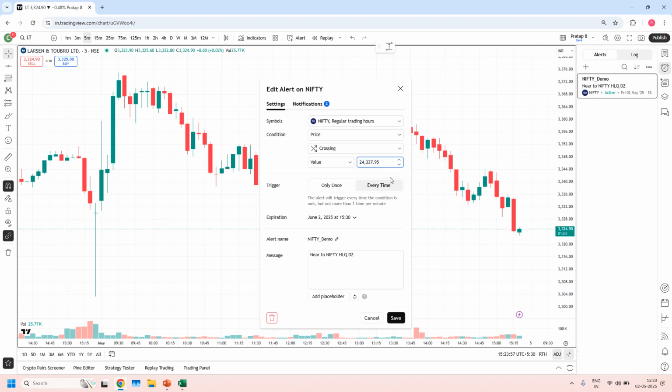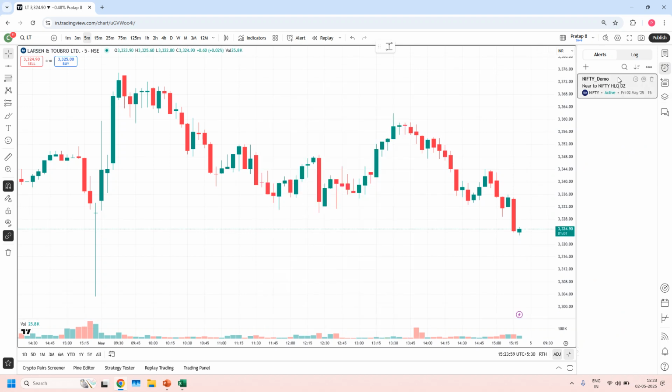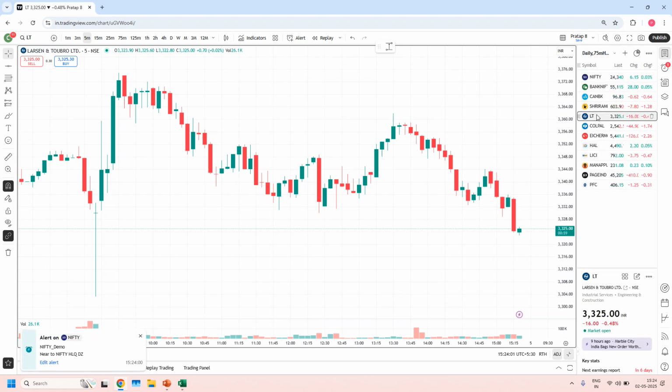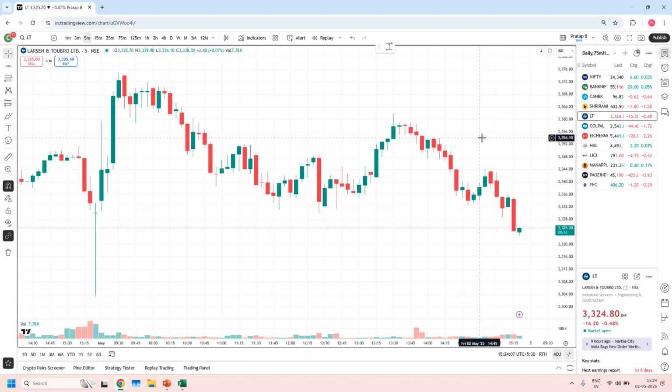So 337.95. See, again Nifty gave you an alert. Now once again if price comes down, again it will give you one more alert. We have said 337, right? 24,337.